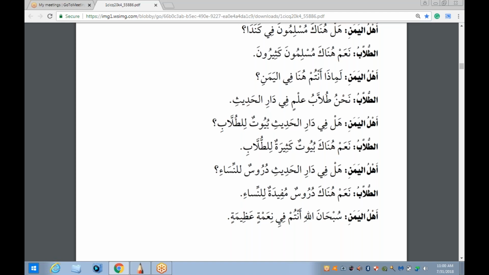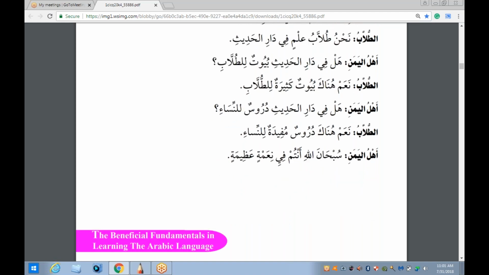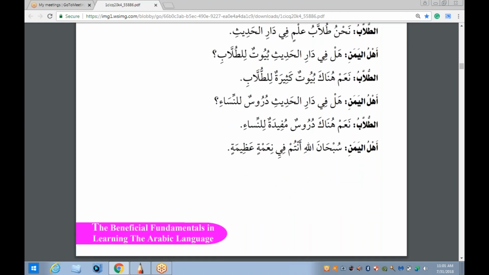Subhanallah, antum fi ni'matin azimatin. عندك يا محمد. Subhanallah, antum fi ni'matin azimatin. Antum. A great ni'mah. A great favor.